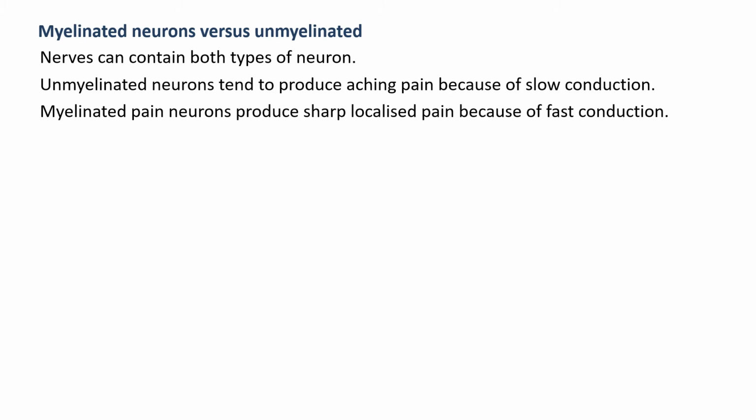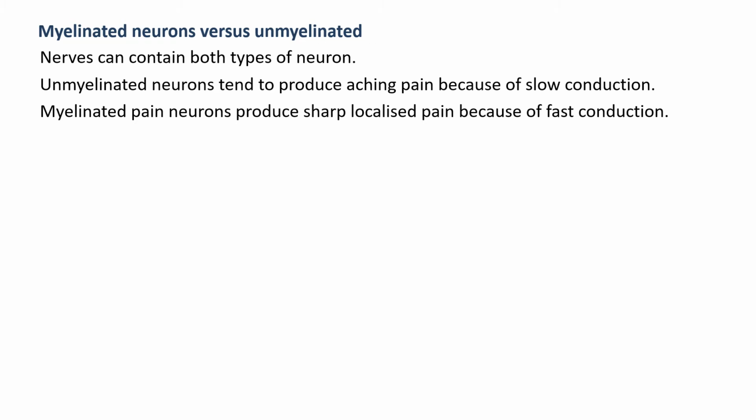So unmyelinated neurons, because we have to sequentially open channels all the way along the membrane, one after the other, it's quite slow. It's a slow conduction of action potentials. And certainly in sensory neurons, this can produce a dull, aching pain because of it.